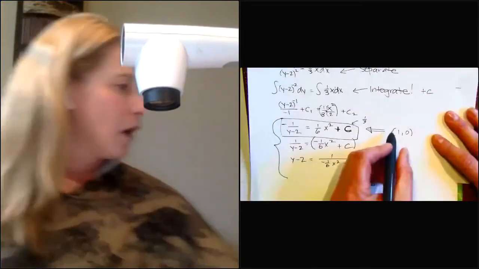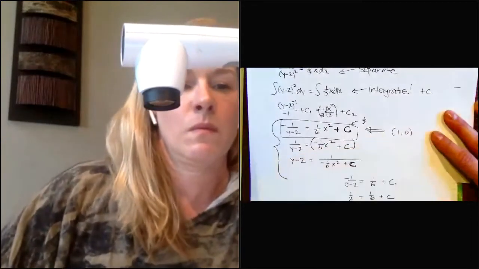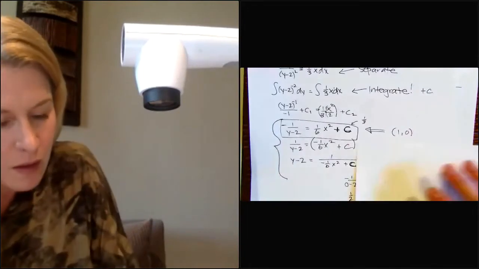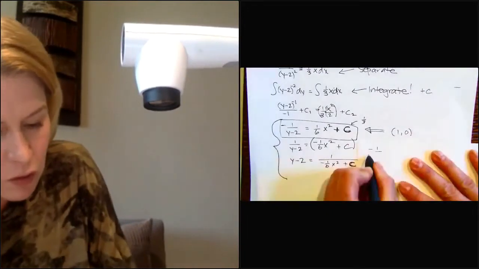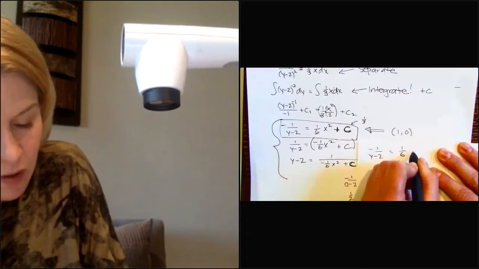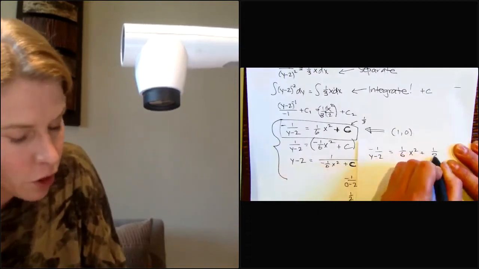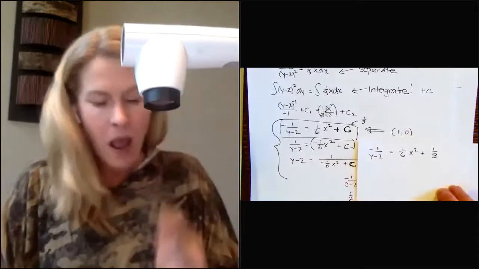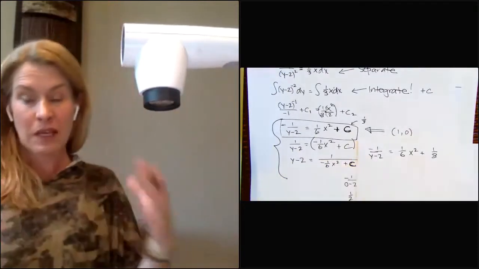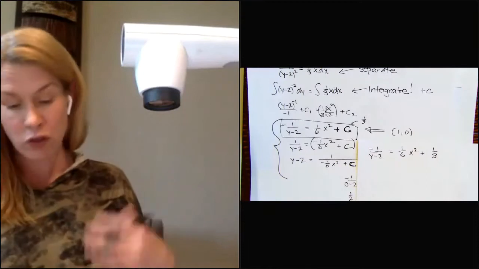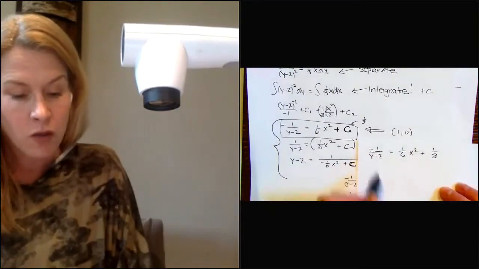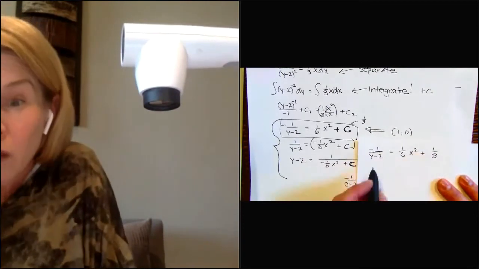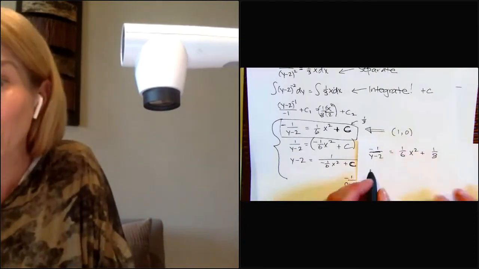We had negative 1 over y minus 2 equals 1/6 x squared plus 1/3. We need to get y equals, because they asked us for this particular solution, so we need a y equals equation. So again, I'm going to distribute that negative through. That's why we simplify when we only have to.